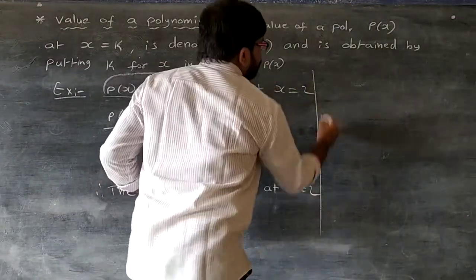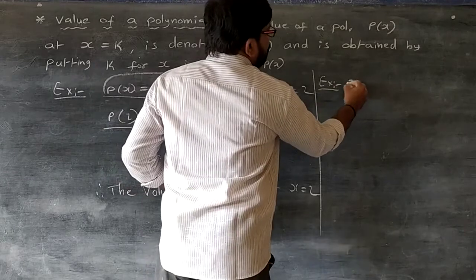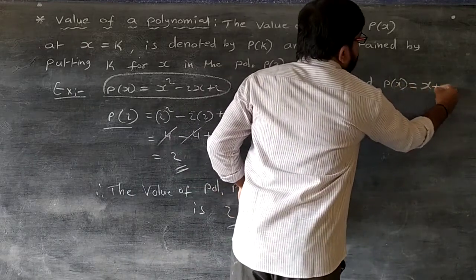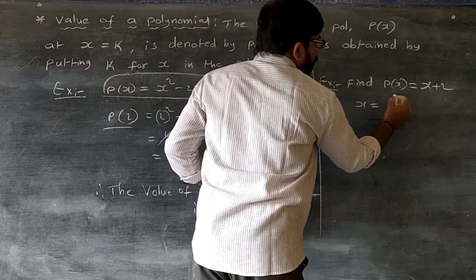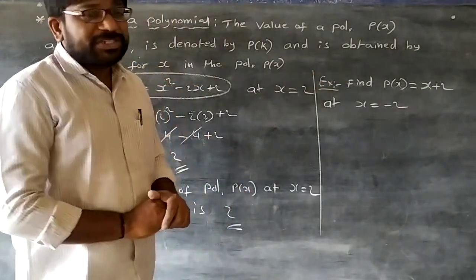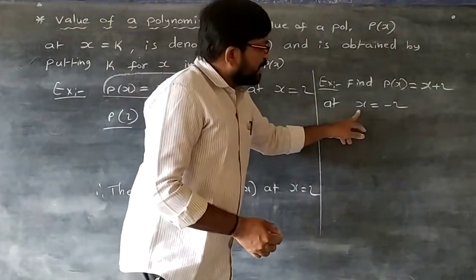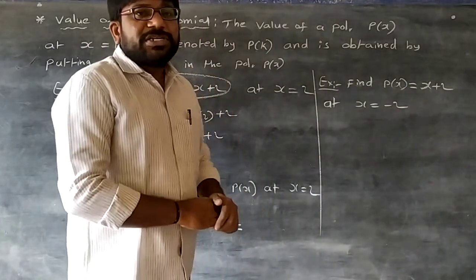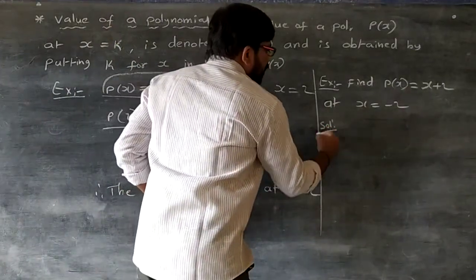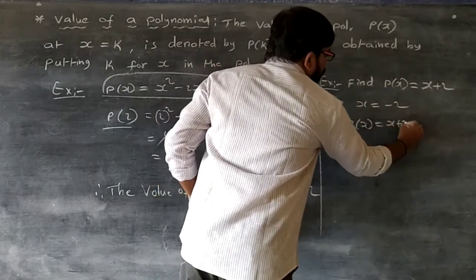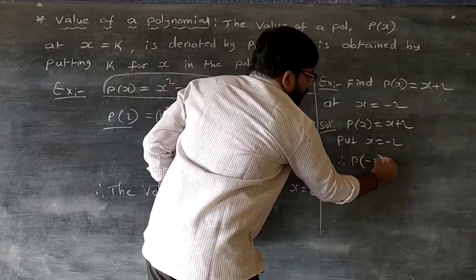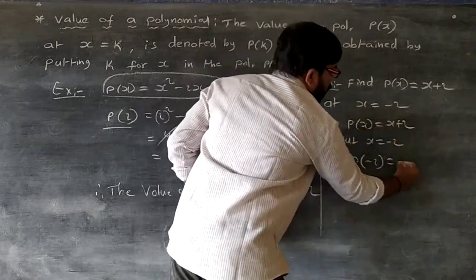Another example. Find the value of the polynomial p of x equal to x + 2 at x equal to −2. Very simple, substitute x equal to −2 in the polynomial. So p of −2 is equal to −2 + 2.